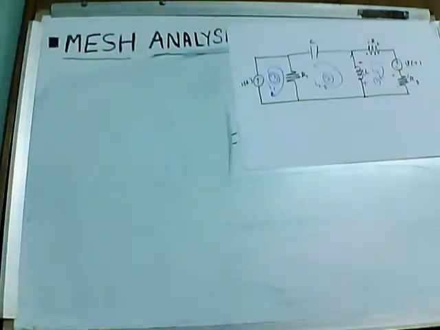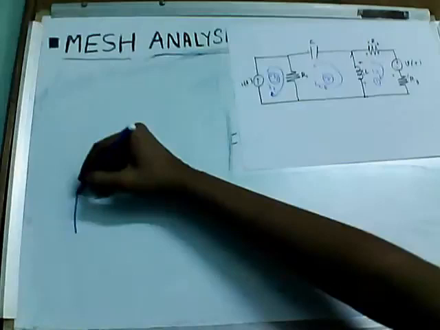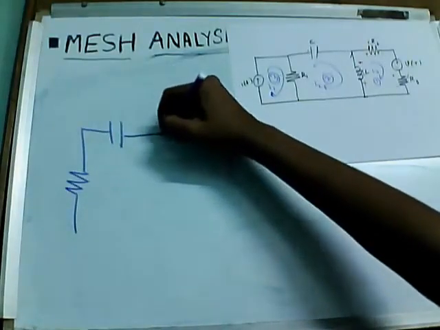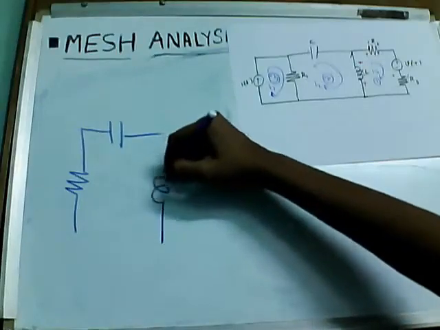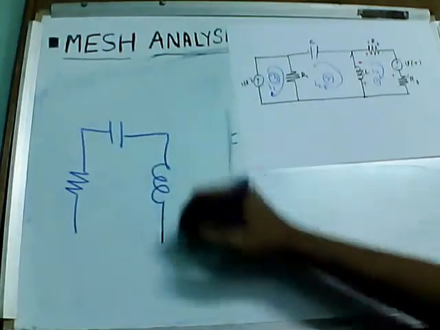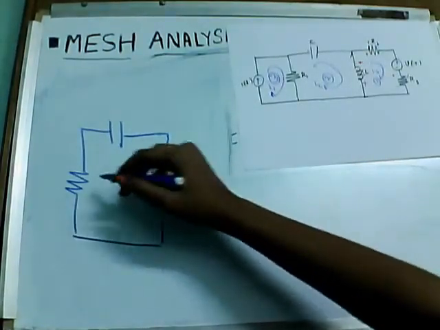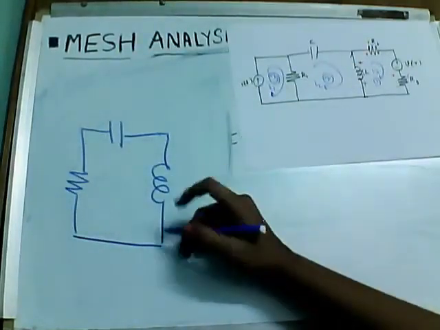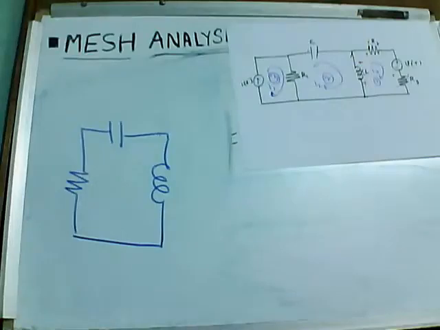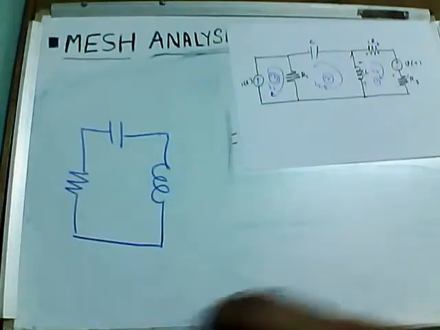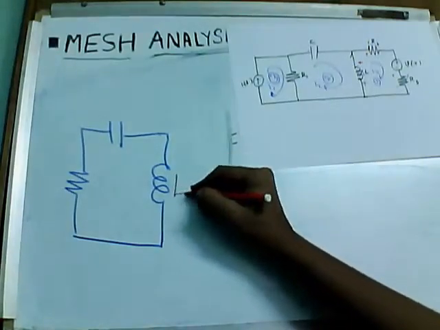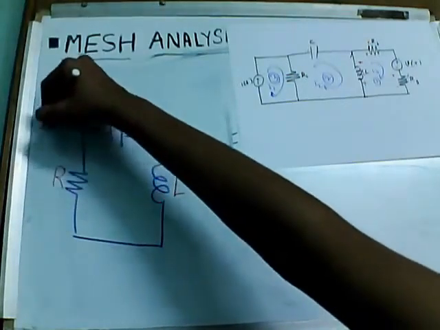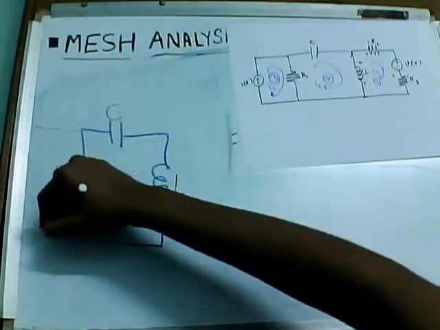So in mesh 2, what we have is a resistor, a capacitor, an inductor. This is L, C, and this is R, and we have a continuation here, don't ever forget it.